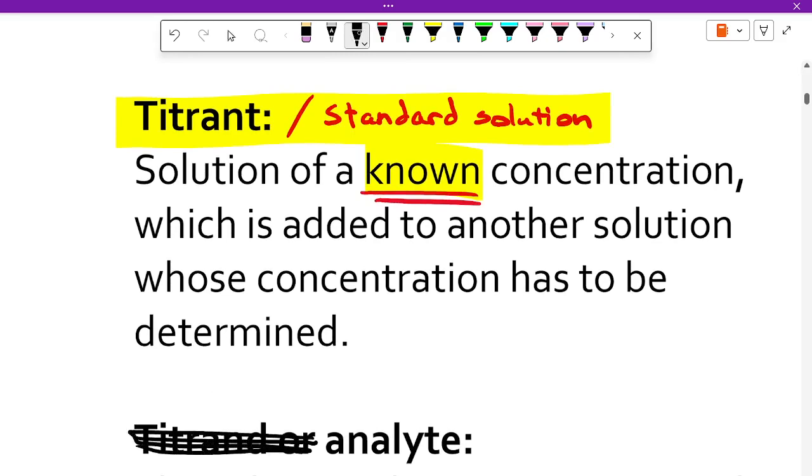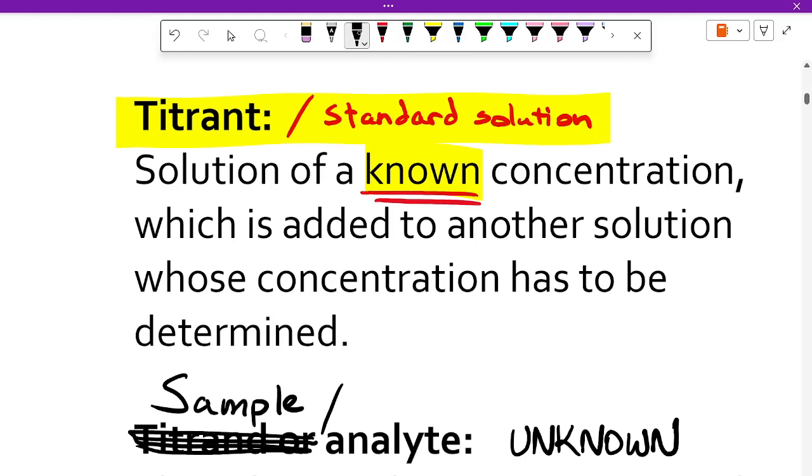What else could we call the analyte? We could call it the unknown. It is also often known as the sample. You're going to sample something and you're going to analyze it. So you can either call it the sample or the analyte, because you sample a solution and then you analyze it.